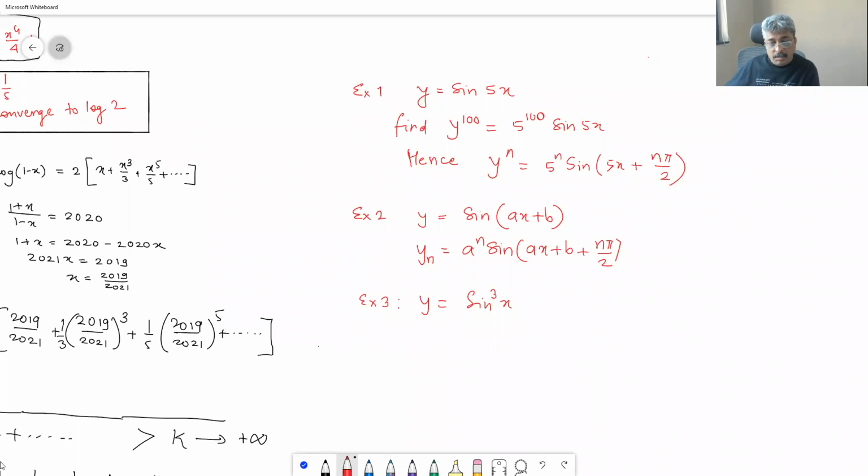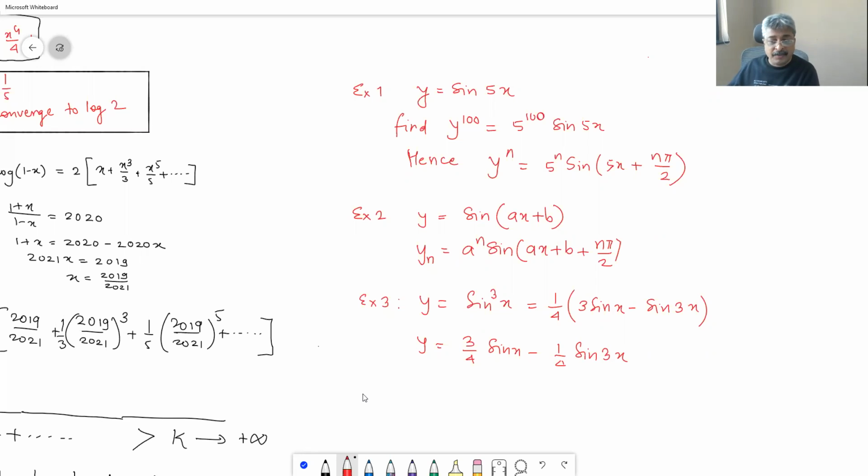Sine cube x can be written as 1/4 of 3 sine x minus sine 3x. Yes or no? Therefore, y is equal to 3/4 sine x minus 1/4 sine 3x.